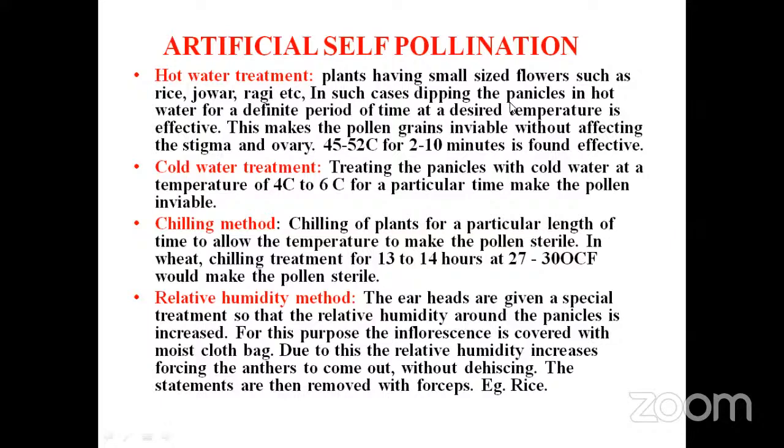And the last one, the caging method. This is a special technique followed, for example, in mango. In this method, the male and female trees are grown side by side. The female parent is self-incompatible.